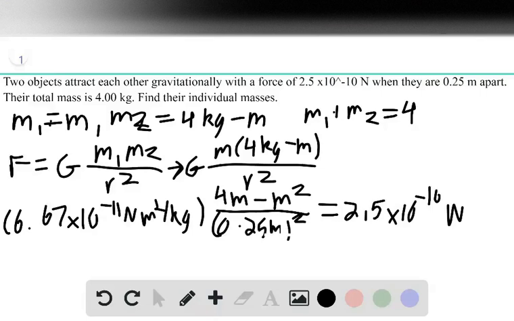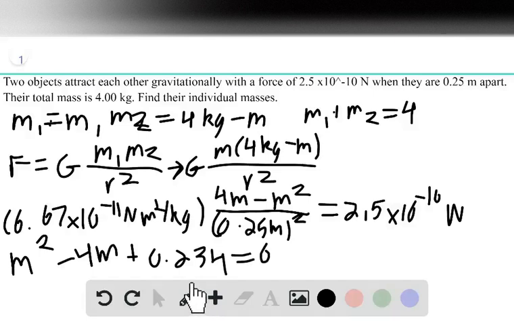We multiply the denominator over to the other side, and divide by 6.67, and then we just add it back over. Okay, so the equation that you end up getting, I'm not going to go through the algebra of it, but you end up getting m squared minus 4m plus 0.234 equals 0.